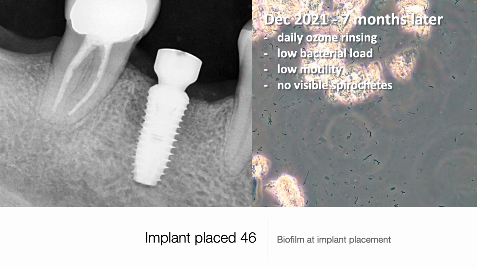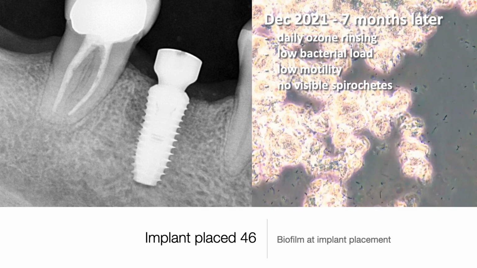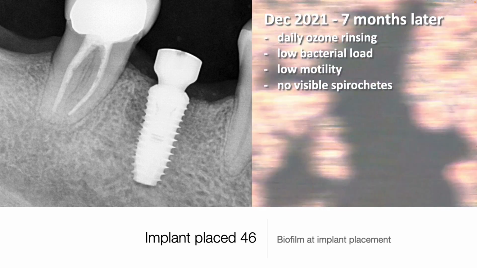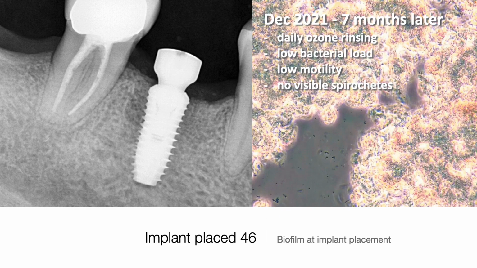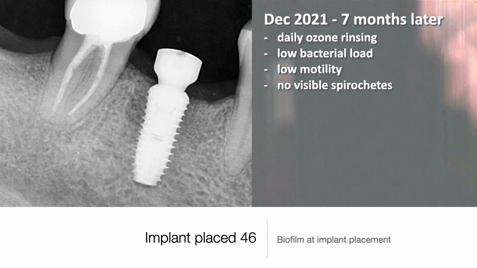So 7 months after the graft, the bone was healed, and we were able to place the implant. And again, you can see he continues to have a very low bacterial count with low motility and no visible spirochetes.